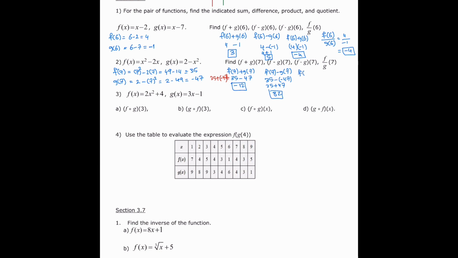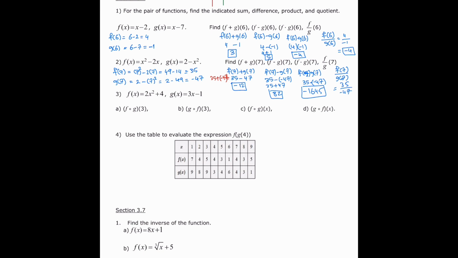And then f of 7 times g of 7 is equal to 35 times negative 47, which is negative 1645. And finally, f of 7 divided by g of 7 is equal to 35 over negative 47. I can just leave it like a fraction.